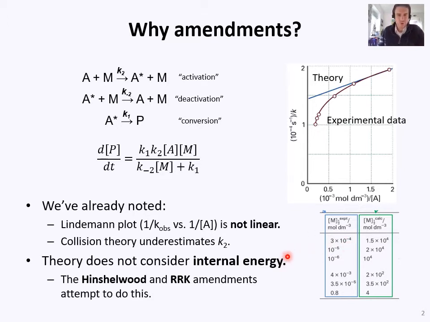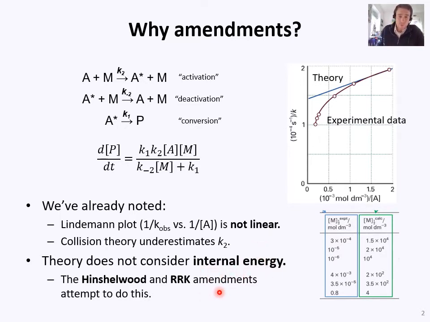The main issue with the theory so far is essentially that internal energy isn't considered, and we already mentioned this right at the beginning when we talked about collision theory in the first few screencasts. We said that collision theory doesn't take into account internal energy, and that's particularly important for these kinds of reactions, because we are explicitly making excited states, and so we really do need to consider internal energy.